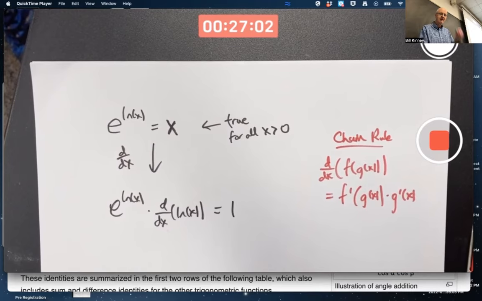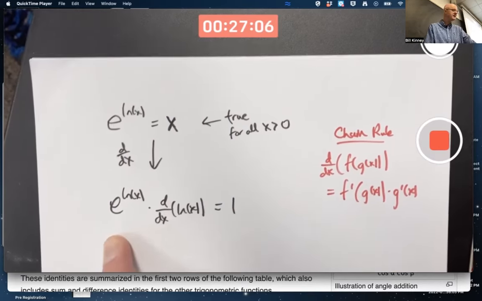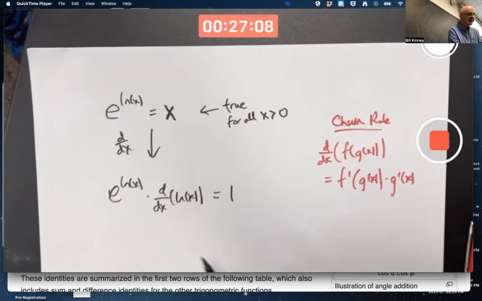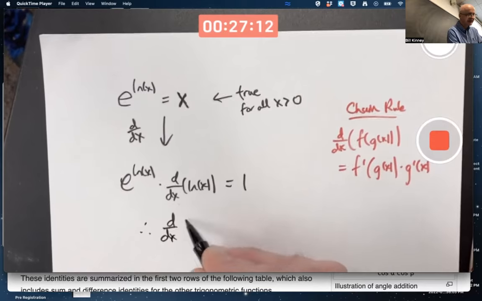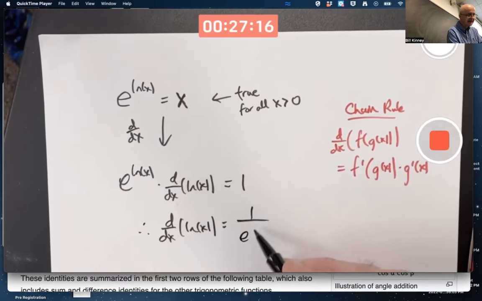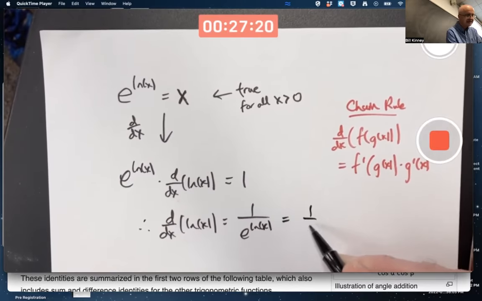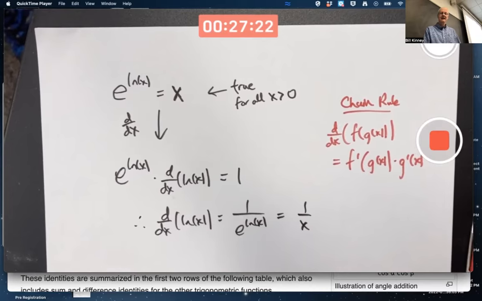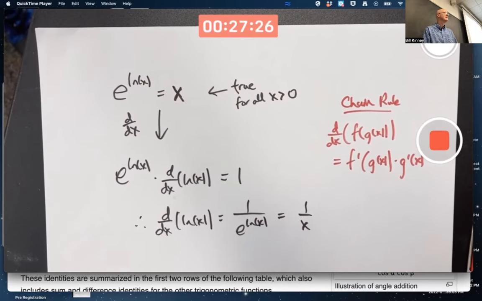Oh, wait a minute. I could just solve this equation for d dx of natural log of x, dividing both sides by e to the ln of x. We're done. Therefore, the derivative of natural log of x is 1 over e to the natural log of x. Hey, but that's 1 over x. The derivative of natural log of x is 1 over x. That's interesting.